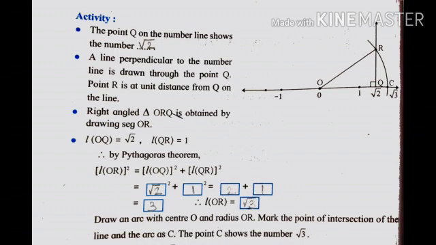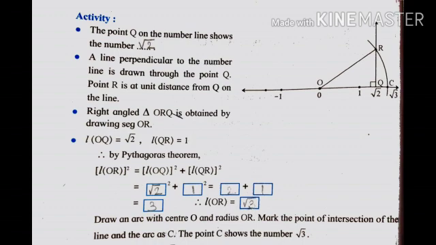Right angle triangle ORQ is obtained by drawing segment OR. Now, length of OQ given is root 2. Length of QR is equal to 1.